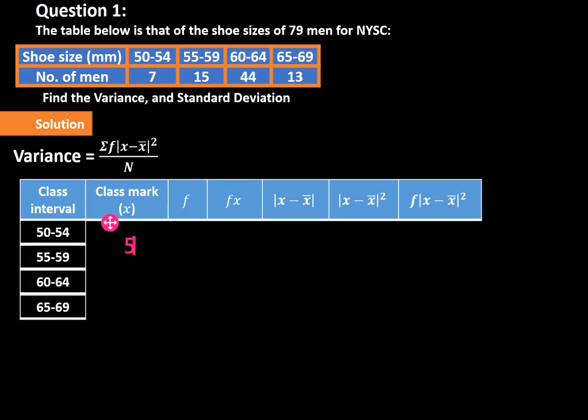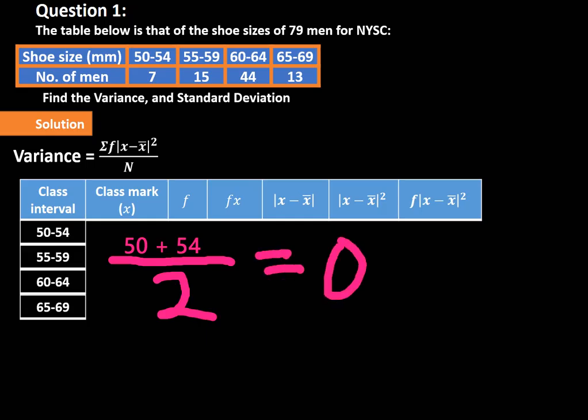So I'm just going to add 50 plus 54, then divide whatever I get by 2. Whatever value I get is going to be my class mark. That's what I'm going to do for this place.